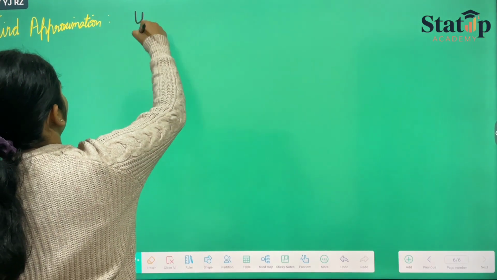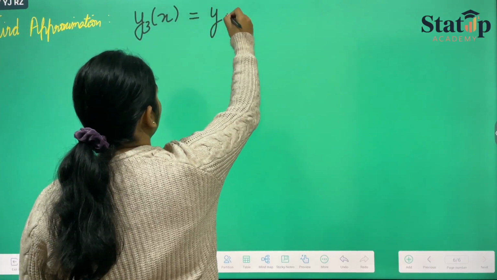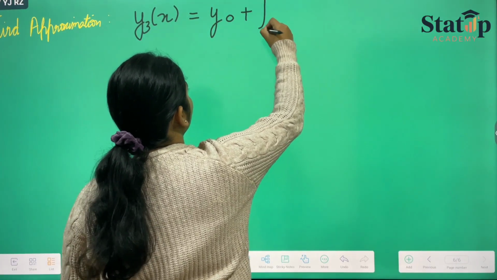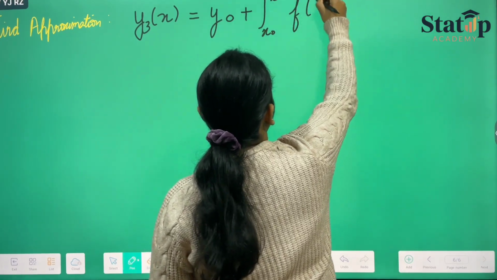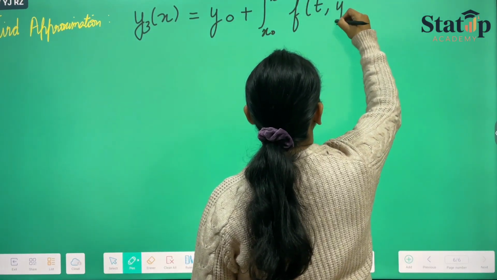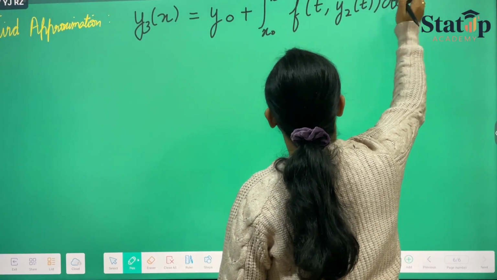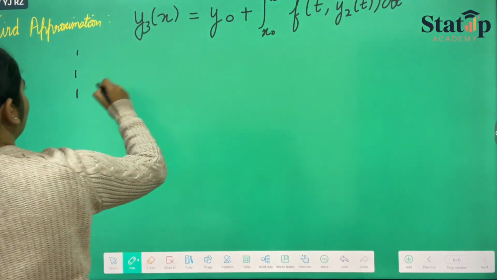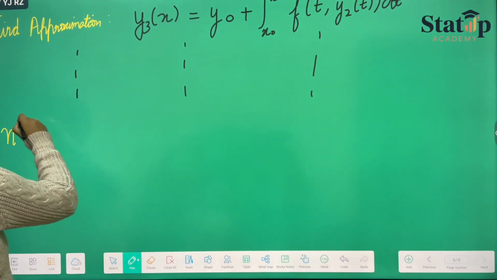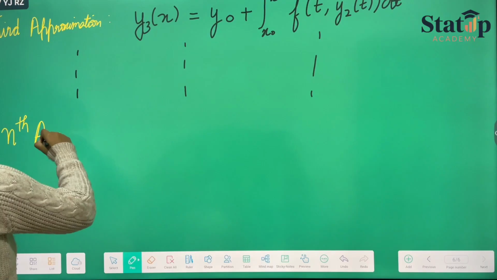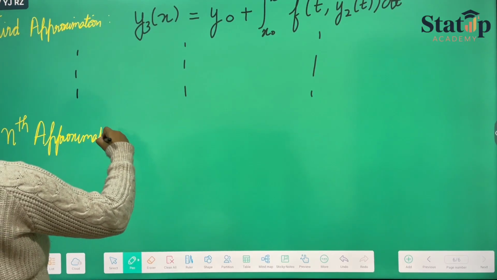So if we have to calculate y3 of x, then it will be y naught plus the integration from x naught to x of f(t, y2(t)) dt, and so on. If we calculate it like this, then we get our nth approximation, which is also the general formula of Picard's method.